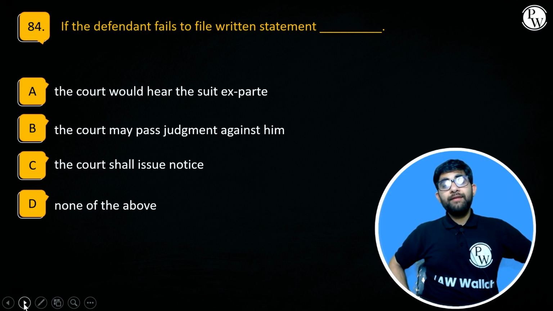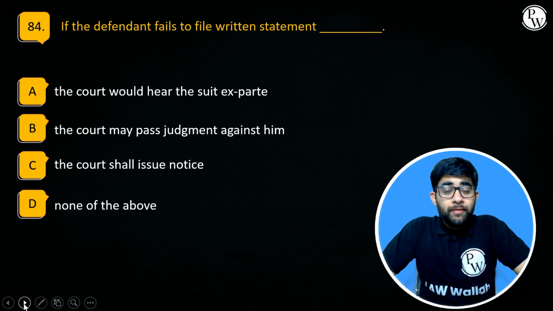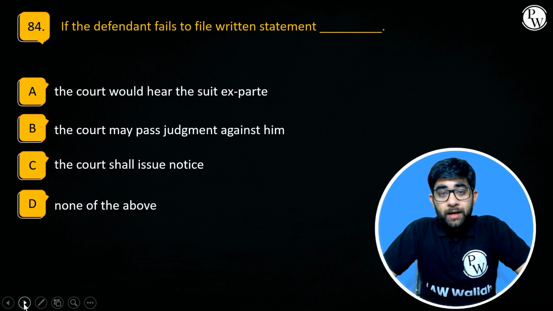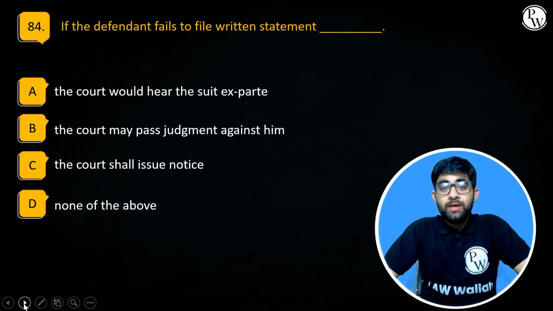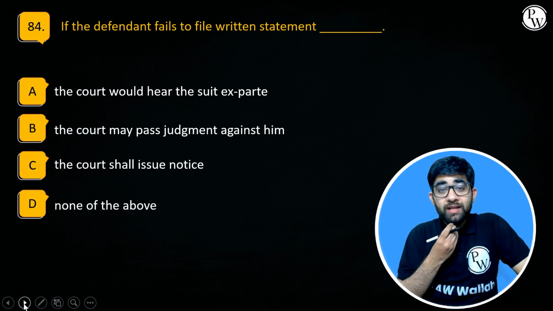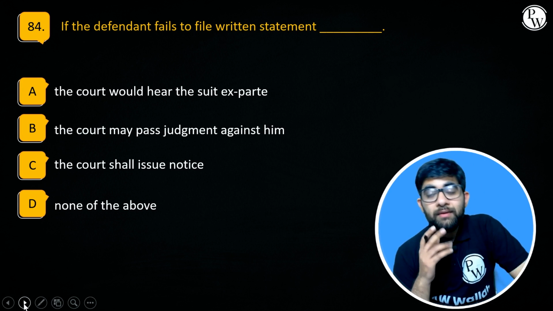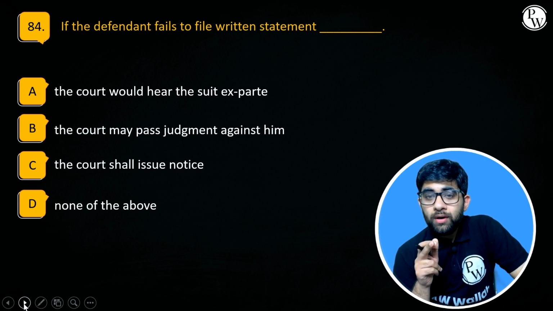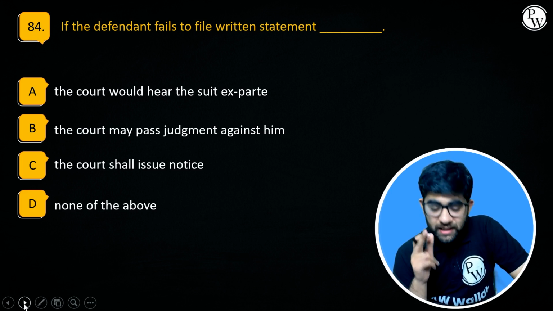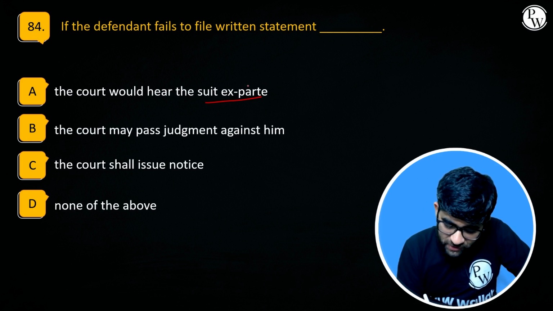Now, if the defendant fails to file written statement, the court would hear the suit ex parte. The court may pass judgment against him. The court shall issue notice. Now, again, the court would hear the suit ex parte, right? No, it will go for ex parte when he has not appeared.